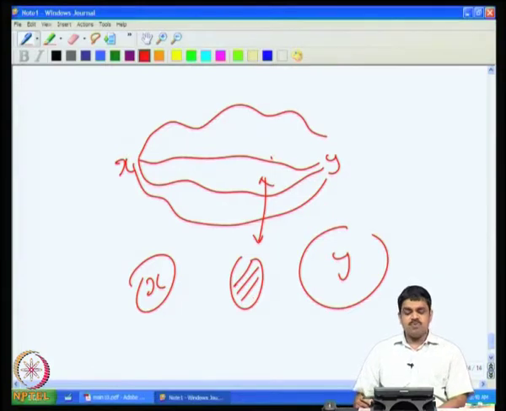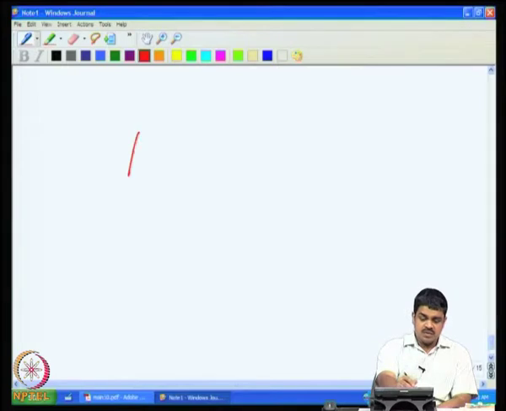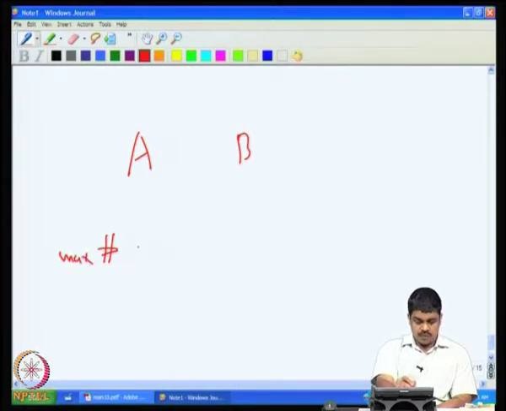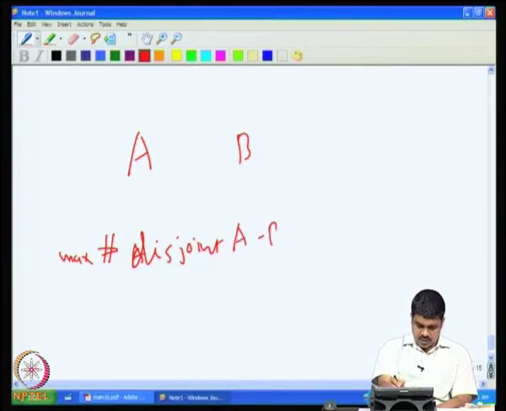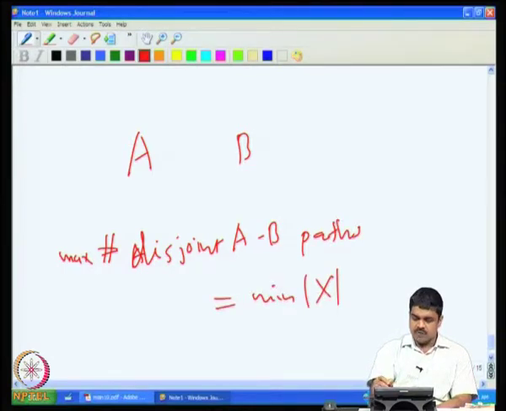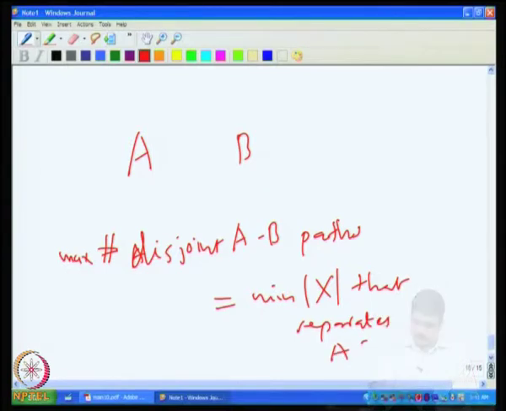Instead of proving this, we will prove this general statement: give me any two subsets A, B, then we will show that the maximum number of disjoint AB paths is equal to the minimum cardinality of X that separates A from B.